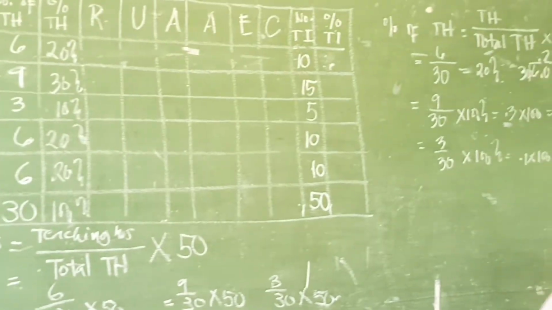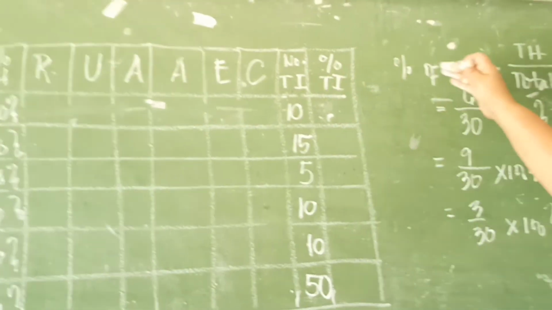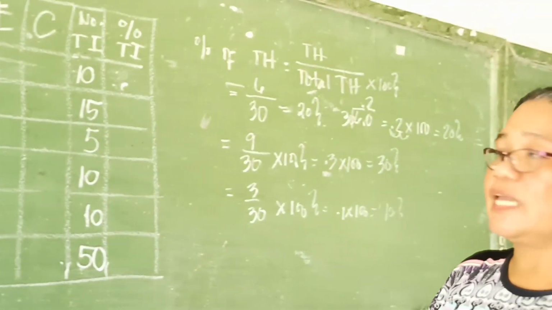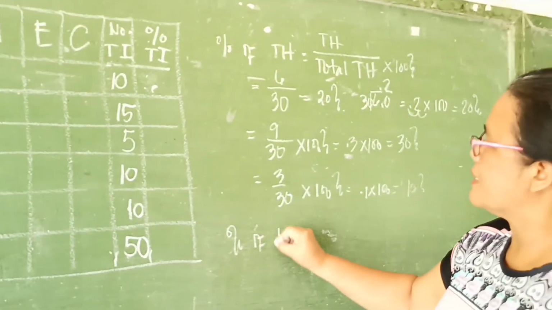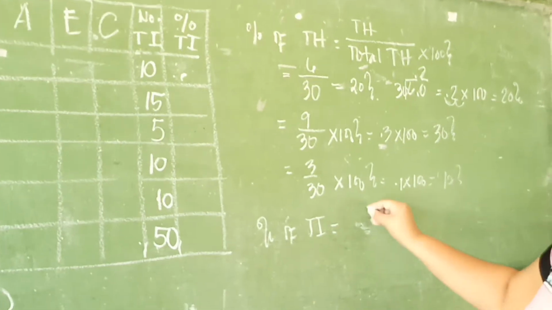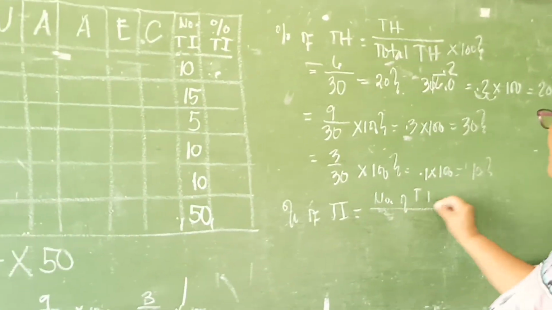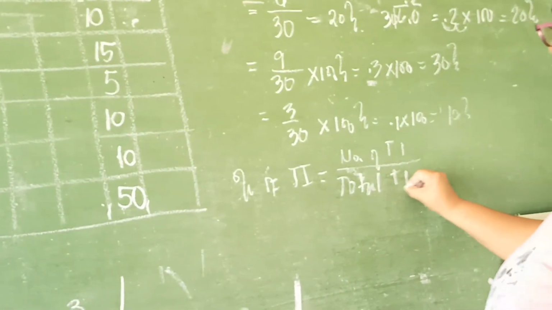After that, you try to solve now the percentage of the test items. The process will be the same as when you solved the percentage of teaching hours. So the percentage of the test item is the number of test items divided by the total test items, times 100%.